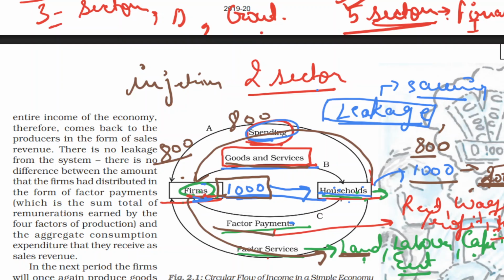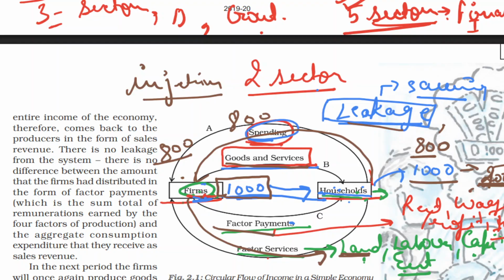What you did, you created a leakage in the first circle, but you injected that 200 again in the second cycle. That will automatically inject the income into the circular flow, and you will be back on track. So these are the two important things, that is leakages and injections, which you need to remember.